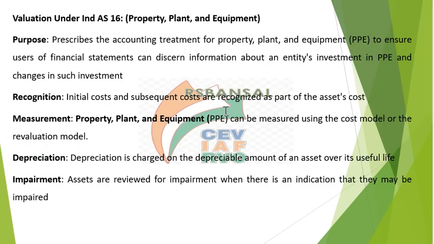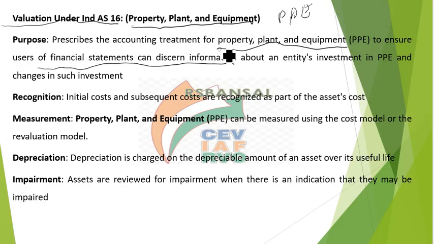So valuation under Indian Accounting Standard AS 16. It deals with property, plant and equipment. We generally call it PPE. The purpose is that it prescribes the accounting treatment for property, plant and equipment to ensure users of financial statements can discern information about the entity's investment in PPE and changes in such investment.